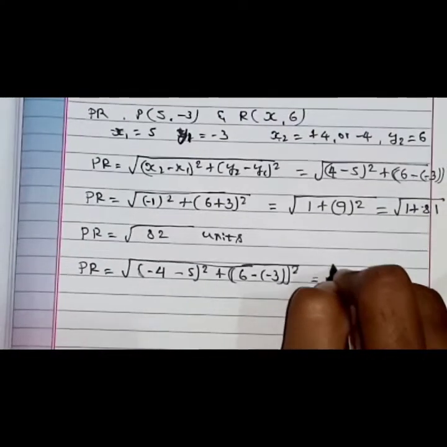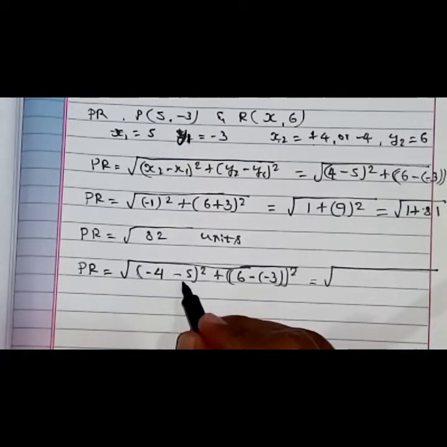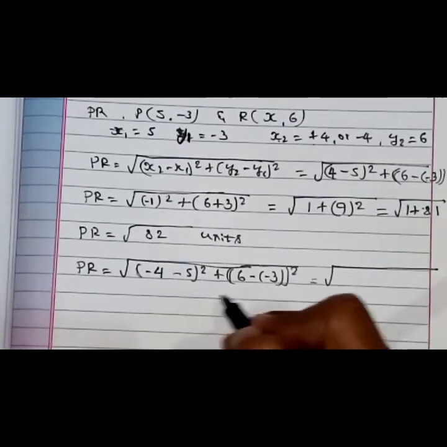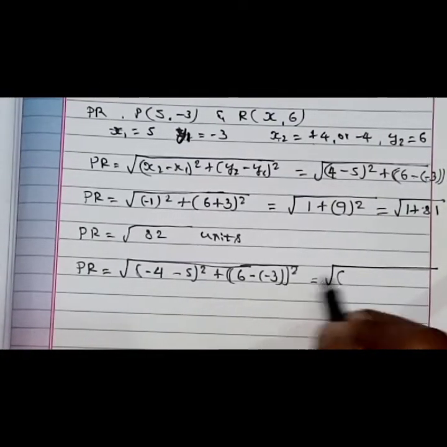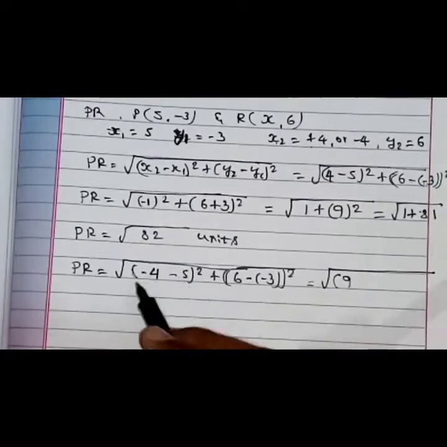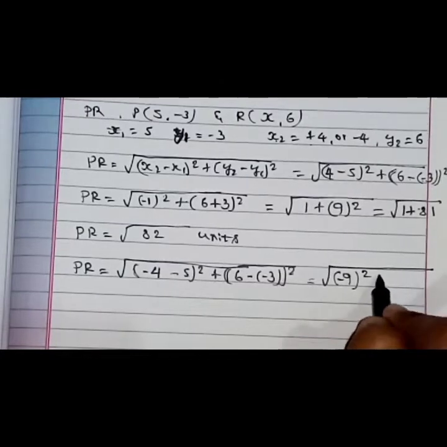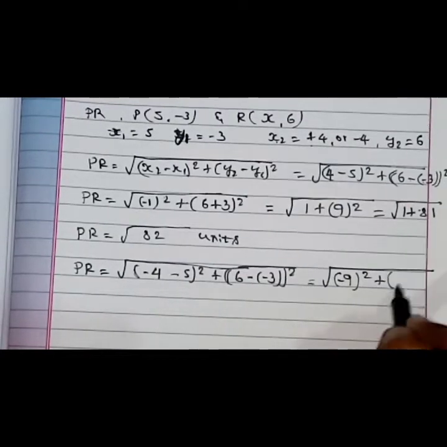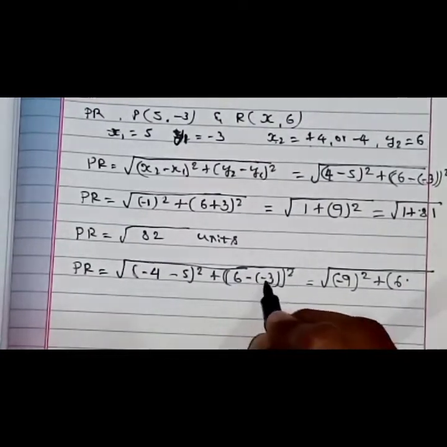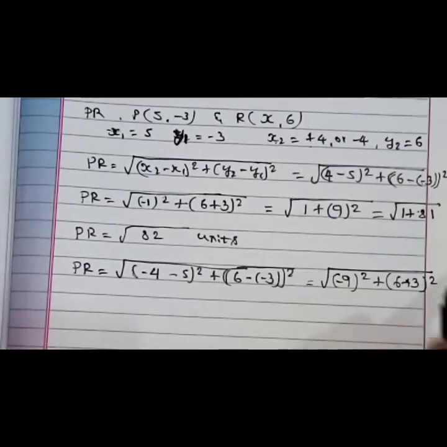That's equal to the square root of, minus into minus is plus, so that means you need to add it. So 4 plus 5 is 9. The sign of the bigger number is minus, so minus 9 whole square plus, you need to open the bracket, so keep the 6 as it is. Minus into minus is plus, so plus 3 whole square.